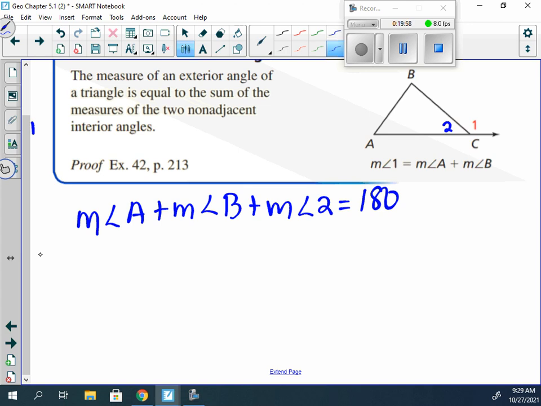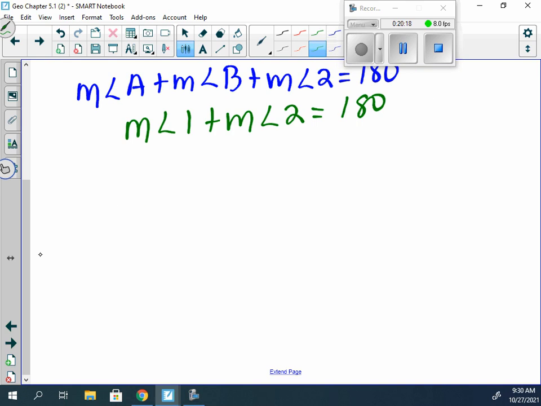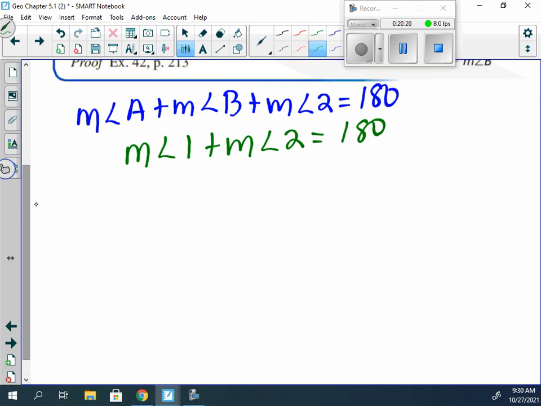So we have this here. Now, measure of angle 1 plus the measure of angle 2 would equal what? Because they make a straight line, yes? According to our transitive property of equality, what did it say?